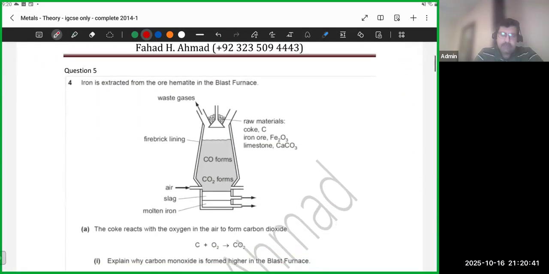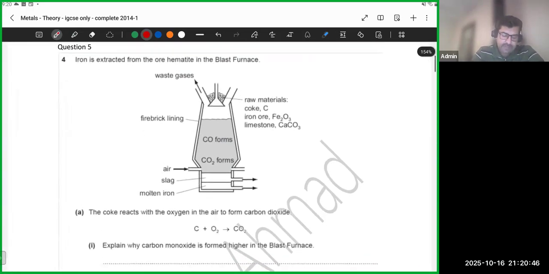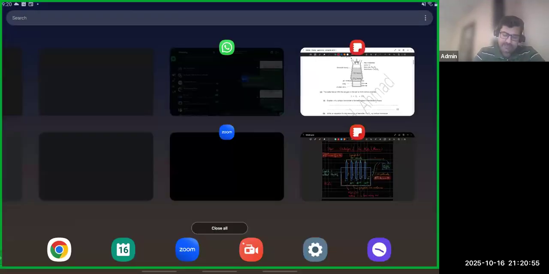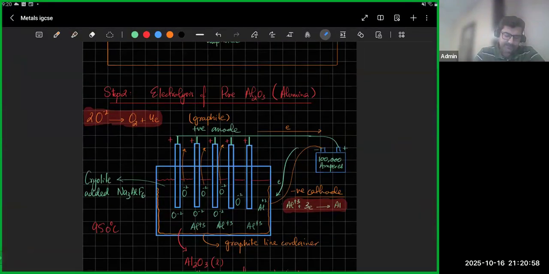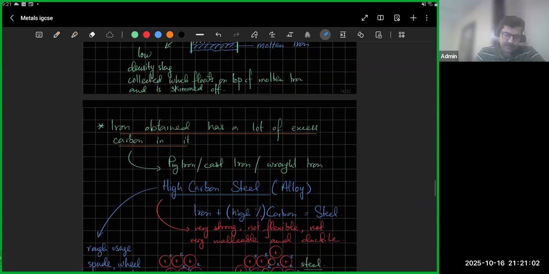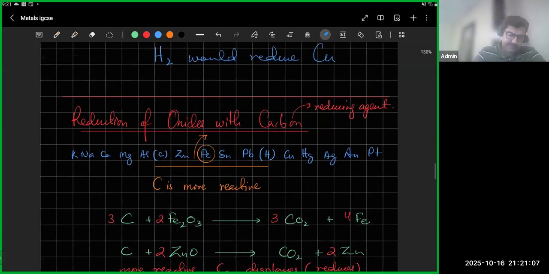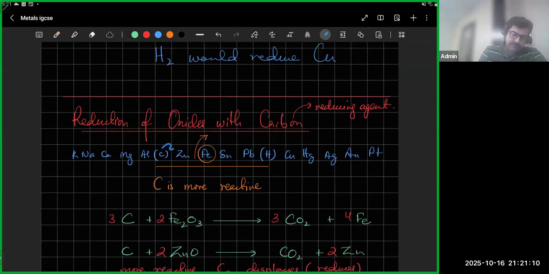So again, next one. Now you've got again a big question on extraction of iron. As I remember, extraction of iron was done differently. In extraction of iron, any metal that's below carbon can be reduced by carbon.